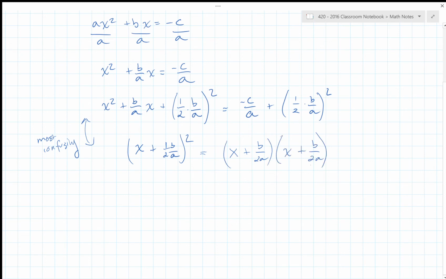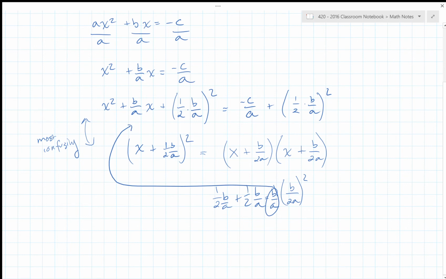So if we do the multiplication here, b over 2a times b over 2a is b over 2a squared. Okay, well that's the same. Good. And then 1/2 b over a plus 1/2 b over a is equal to a whole b over a. And that's what we've got right there.